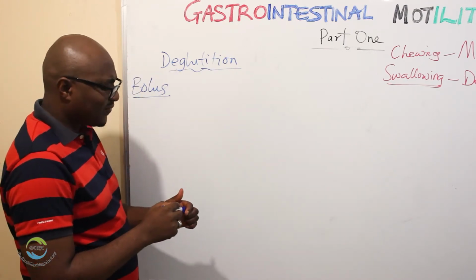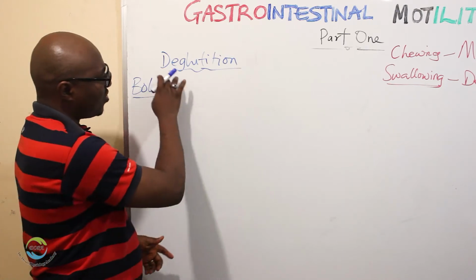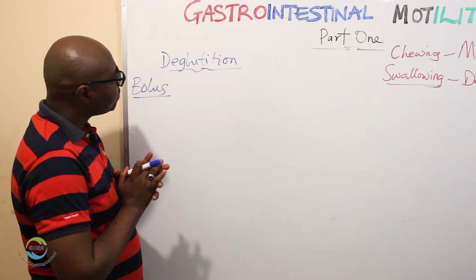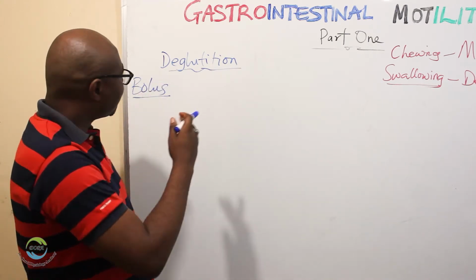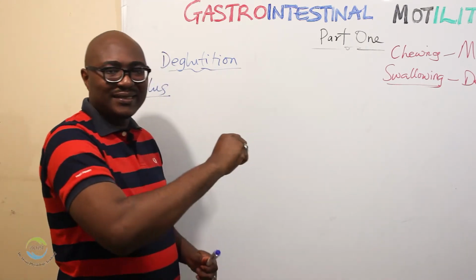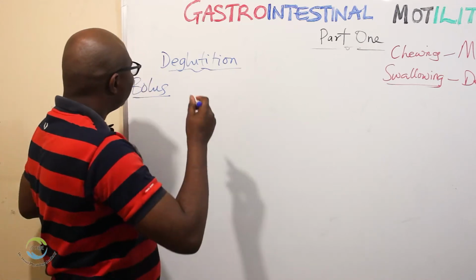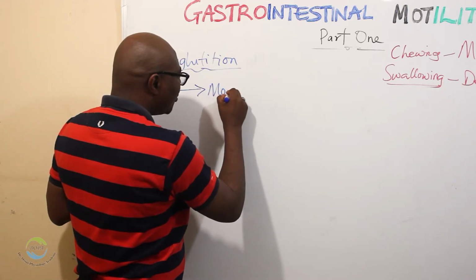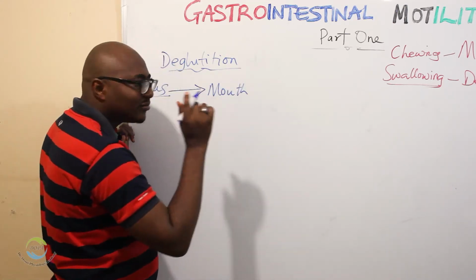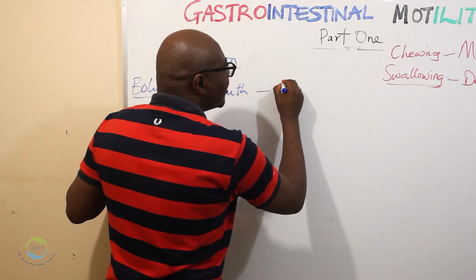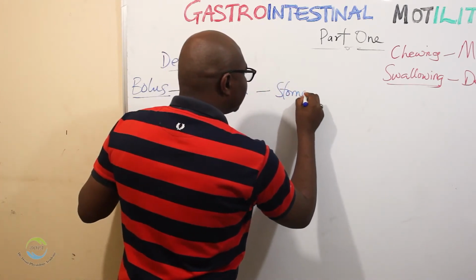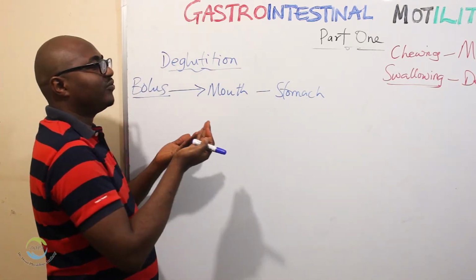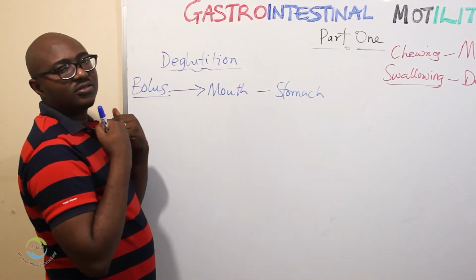So how can we define swallowing or deglutition? Can we define it? All right. So deglutition, swallowing, is the movement of bolus of food from the mouth to where? To the stomach. Some people can make the mistake of saying movement of the food from the mouth to the esophagus is swallowing.